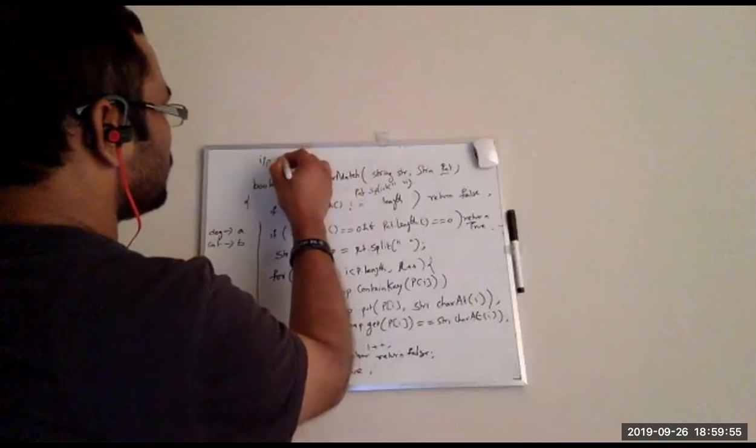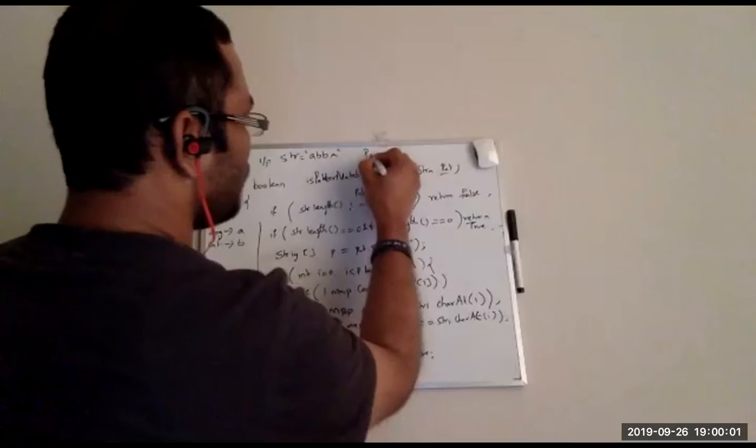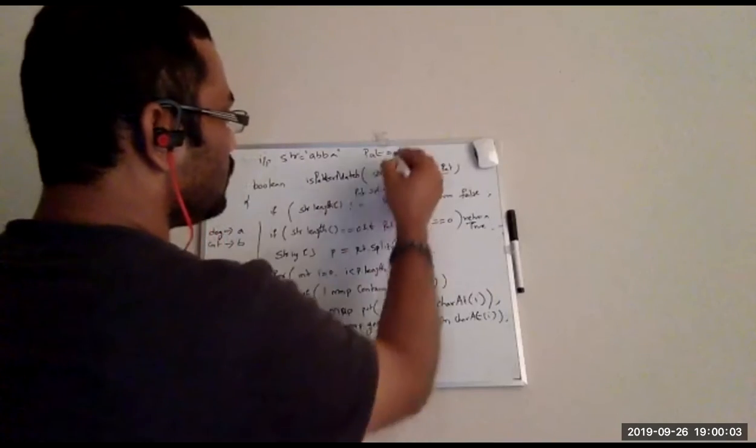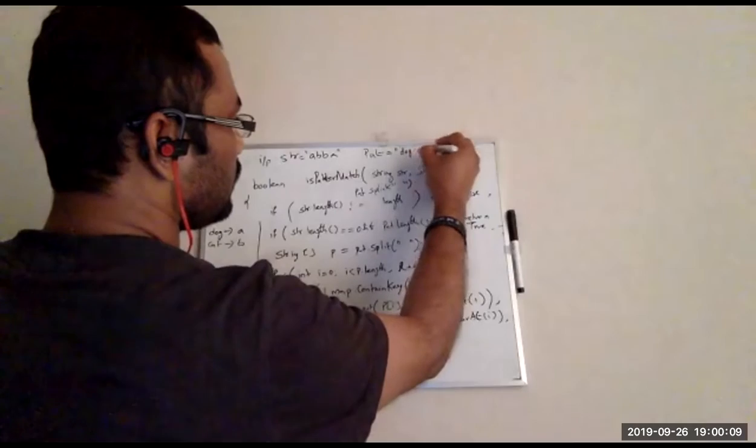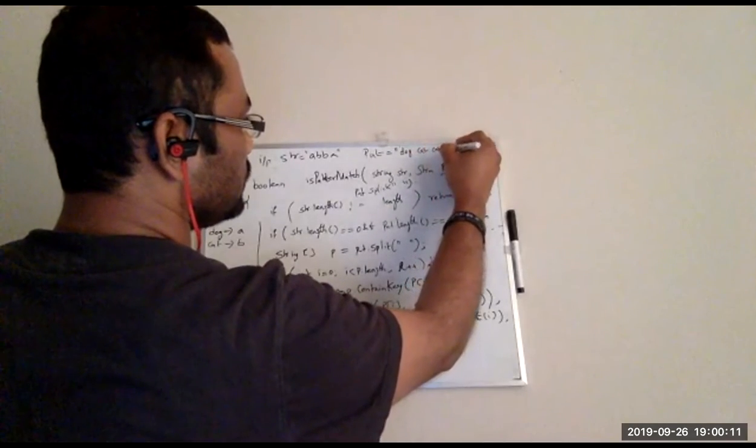The first param is the pattern, ABBA. And the string is equal to dog, cat, catfish. Okay. Can you run this?